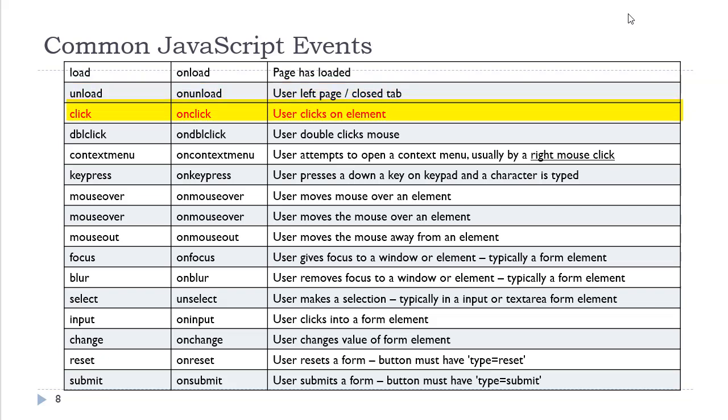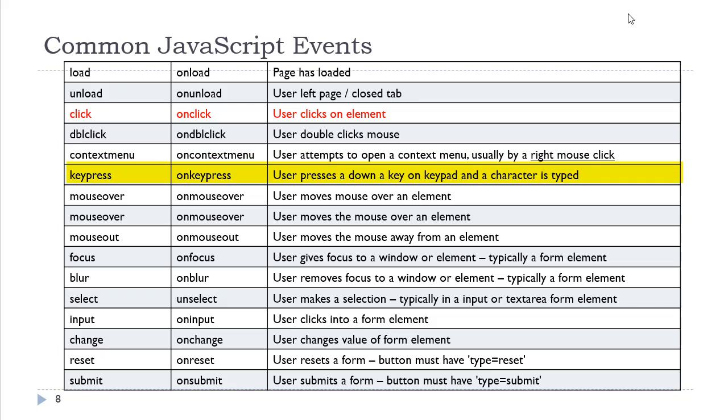We have the click event, the onClick event handler, which we're familiar with. The user clicks on an element. We also have a double click event. We have a context menu event, which essentially means the user attempted to open a context menu. Typically, this is done by a right mouse click.